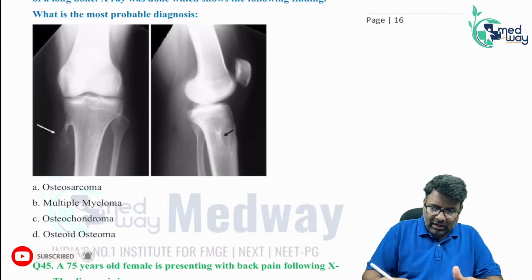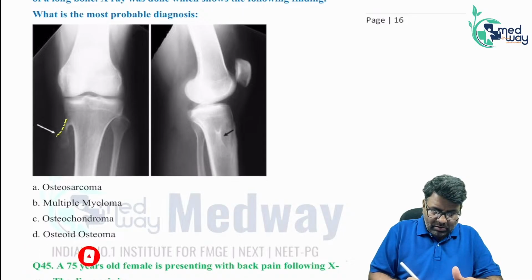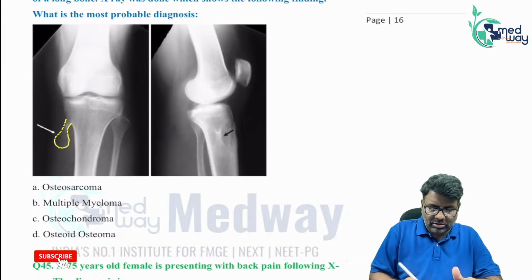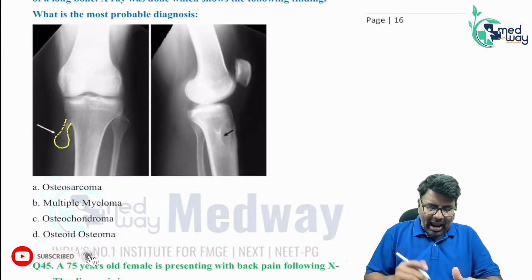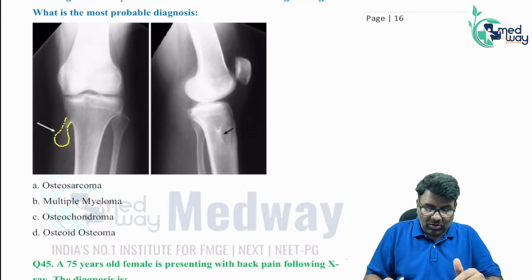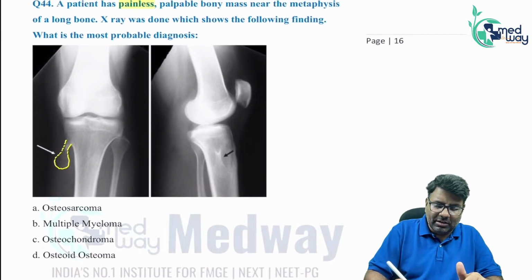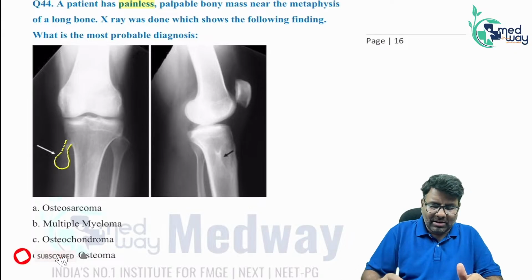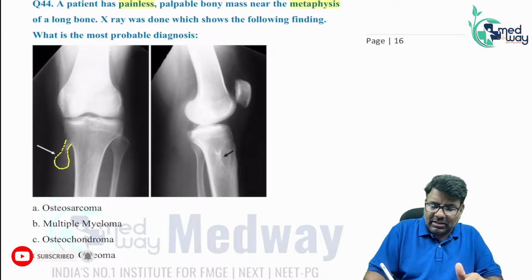Secondly, we can see there is a bony growth, something like this. So this is the bony growth. Clear? And this is known as exostosis or osteochondroma. And it is usually a painless bony mass, and related to the metaphysis.